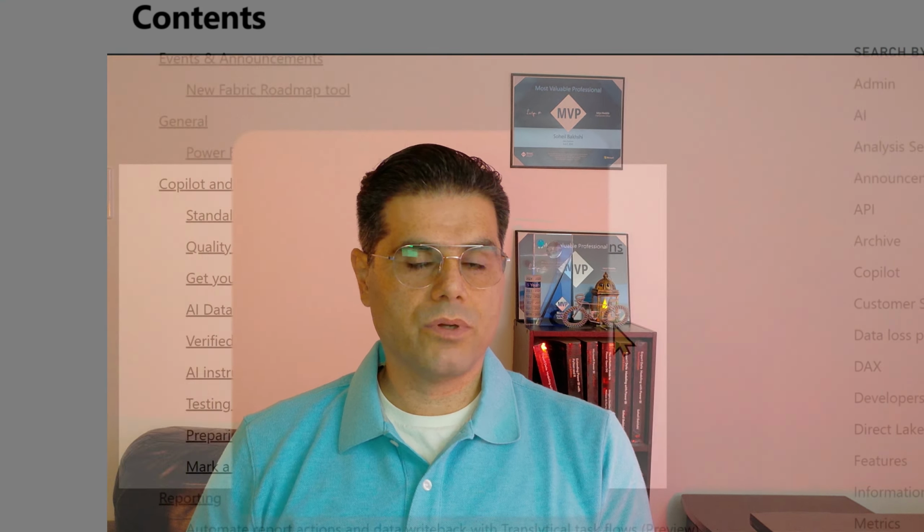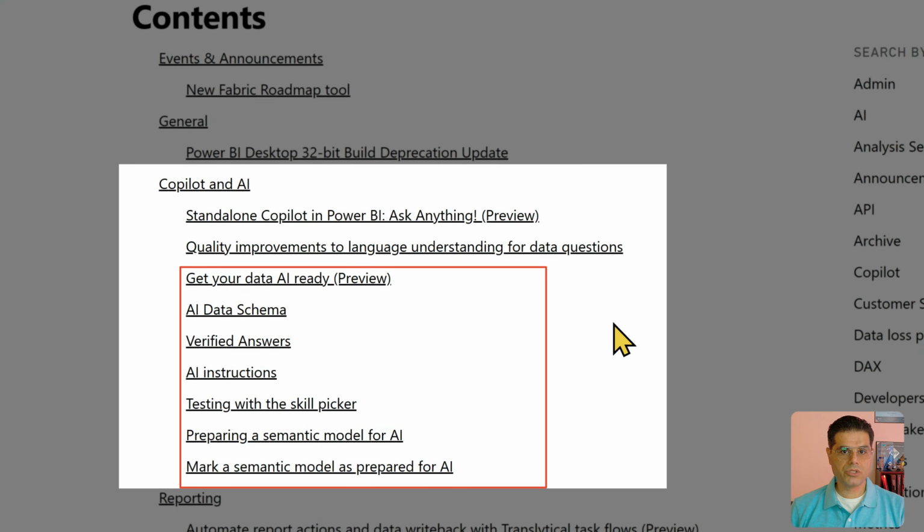But even in semantic models, understanding the actual meaning of the data would be really hard for an AI model. So this new feature provides us the ability to prepare our data models for AI to help the Copilot engine provide more accurate answers.